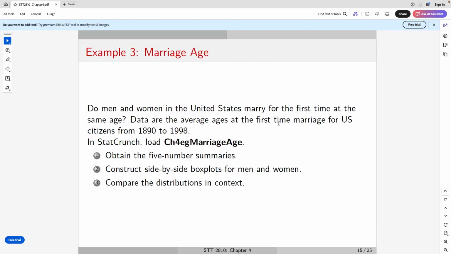So what we are going to do now is to load this data set and obtain the 5-number summary. We are going to construct a box plot and then see if we can make some analysis from that. But what I want you to do before we go in StatCrunch is to read the question here.